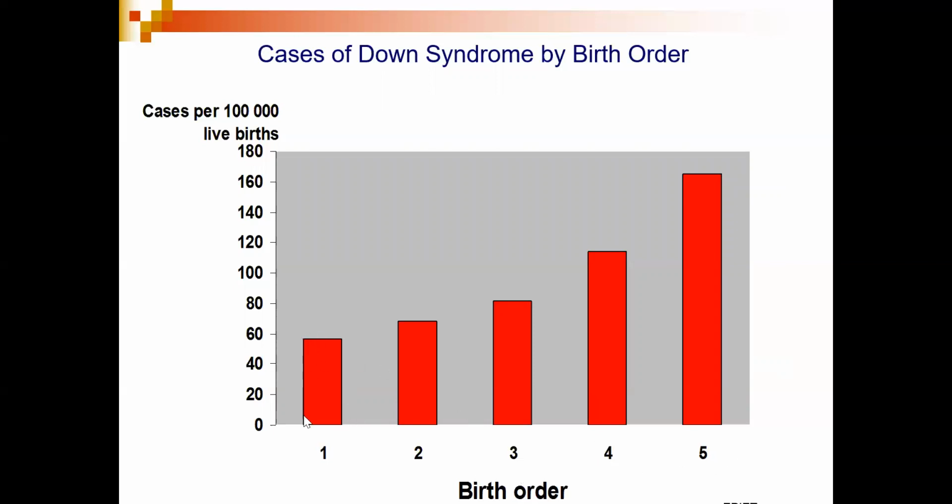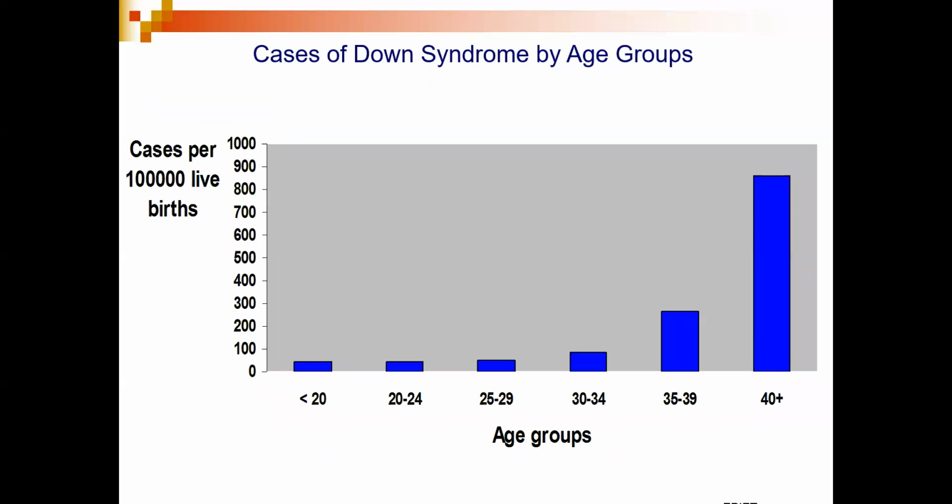For the firstborn, the cases are fewer, but as you go to the secondborn, the thirdborn, the fourthborn, the fifthborn, the number of Down syndrome cases increases as the birth order increases. Then if you go to the next group, we look at these cases by age.